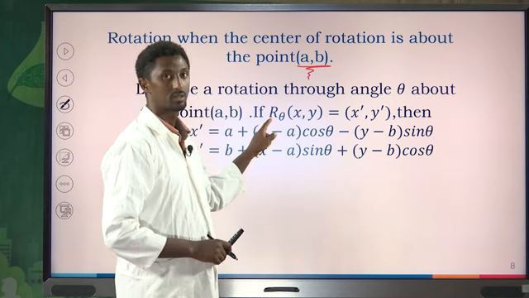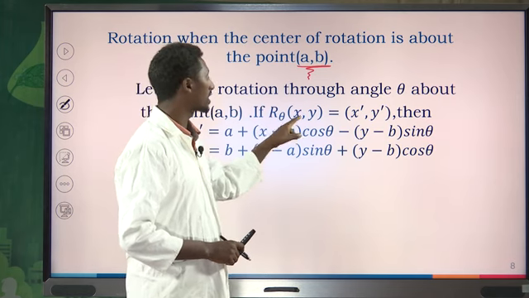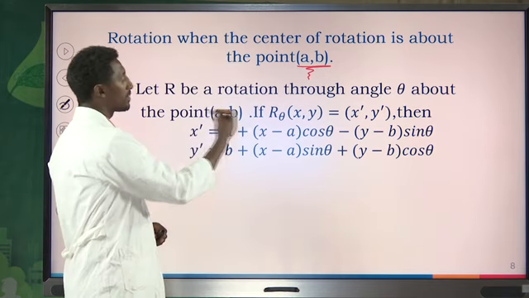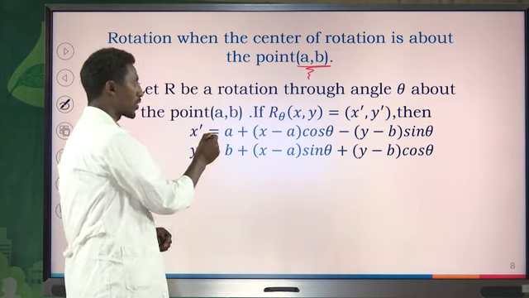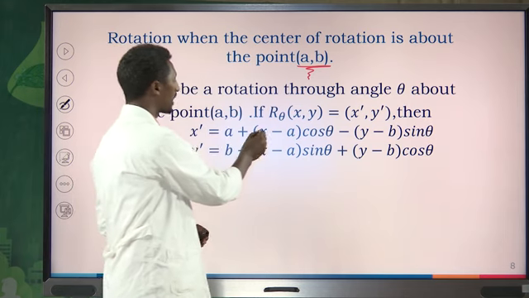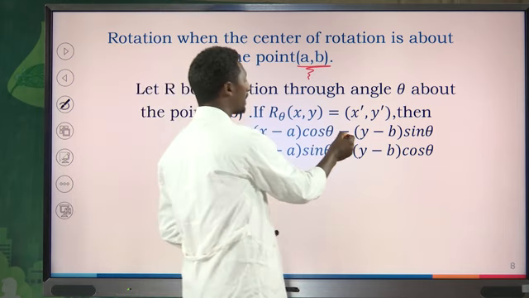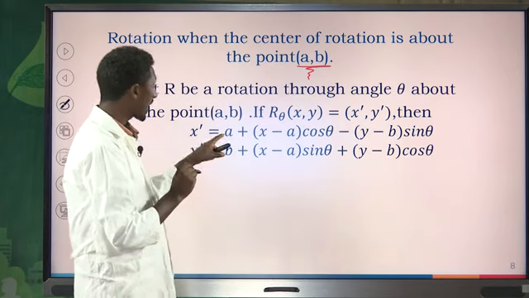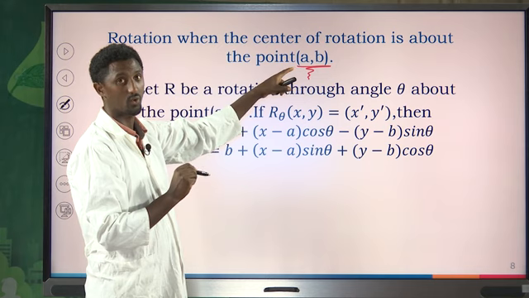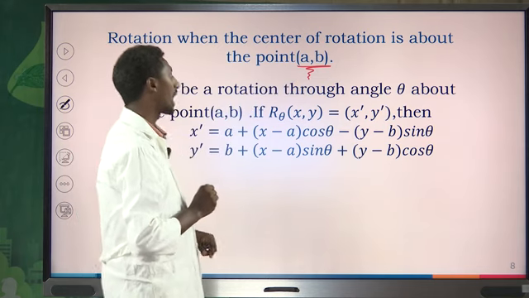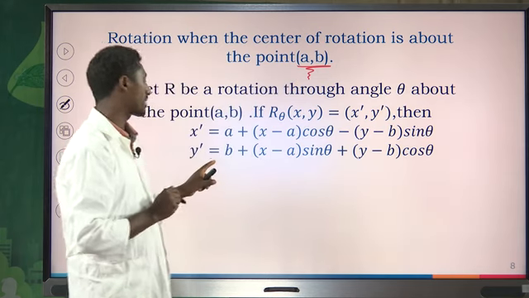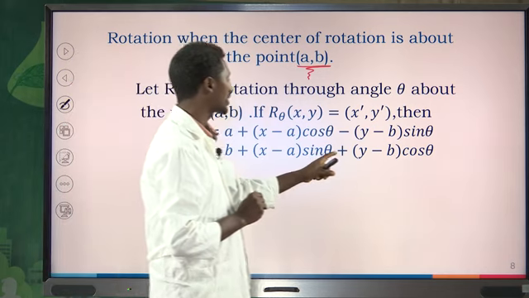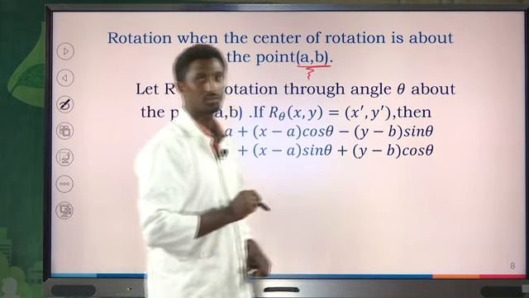If rotation through theta takes (x, y) to (x prime, y prime), then x prime equals a plus (x minus a) cos theta minus (y minus b) sine theta, where (a, b) is the center of rotation and theta is the angle of rotation, and y prime equals b plus (x minus a) sine theta plus (y minus b) cos theta.